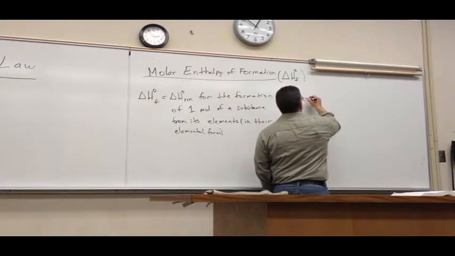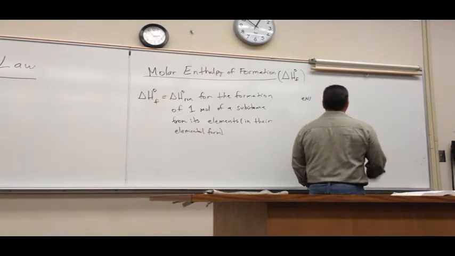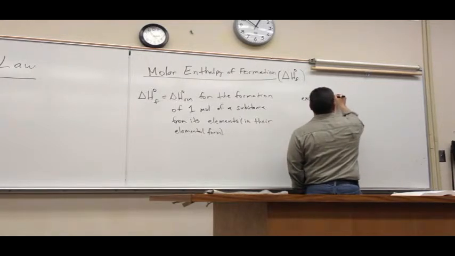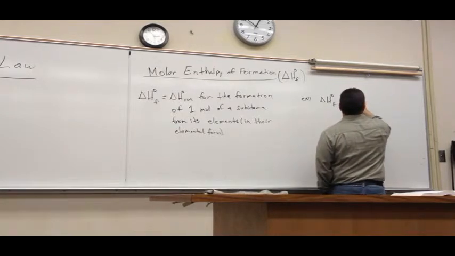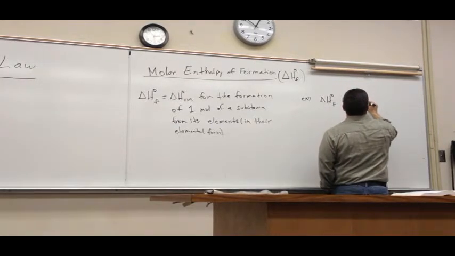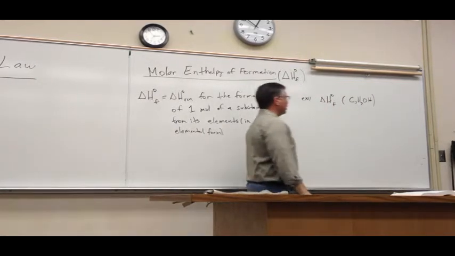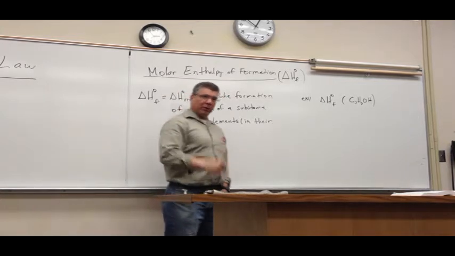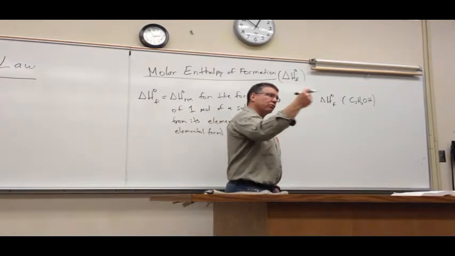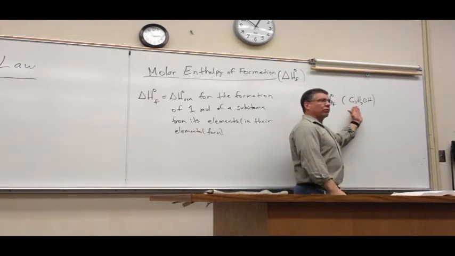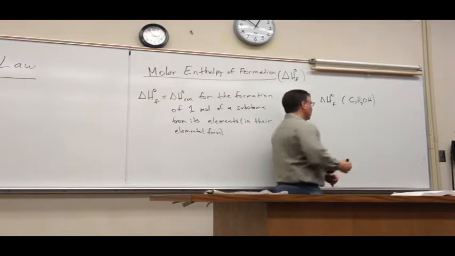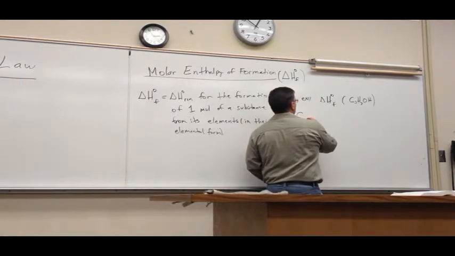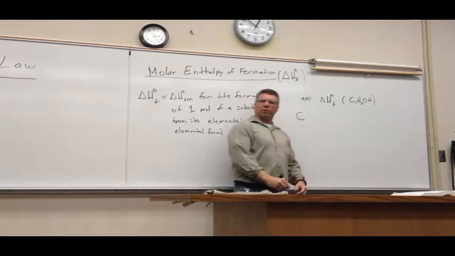For example, the change in enthalpy of formation of this molecule is described by the formation of 1 mole of this from its elements. So what are the elements involved? Carbon. What's the elemental form of carbon? Do you remember? What are the possible forms of carbon?